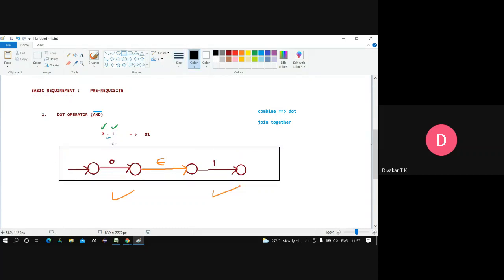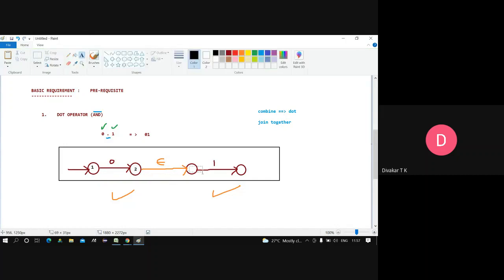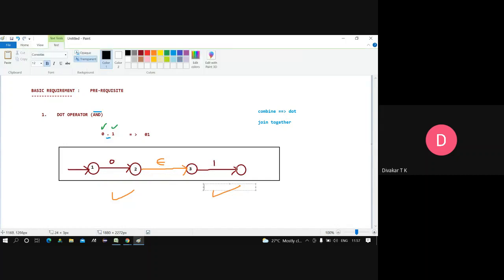Now you can ask, sir, you have only written circles, what is the naming? Naming you can give anything. My practice of giving names is 1 2 3 4. First I will write like this, then later 1 2, 3, 4 like that.